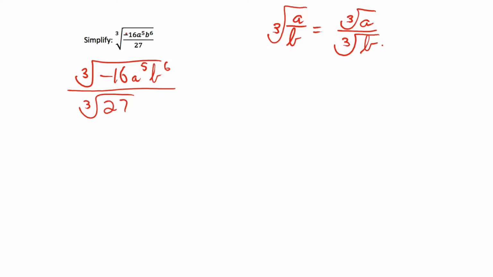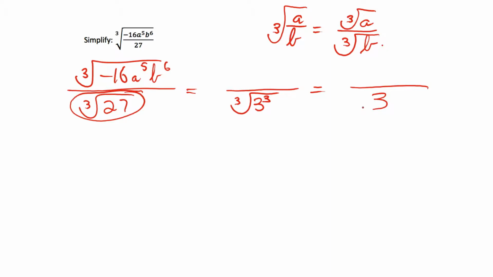All right. So I've broken my radical expression up, and I might notice that on the bottom, the cube root of 27 is a perfect cube, 3 cubed, so that's going to reduce to 3 on the denominator. And then on the top, I'm going to use my multiplication property to break the radicand up into sections.